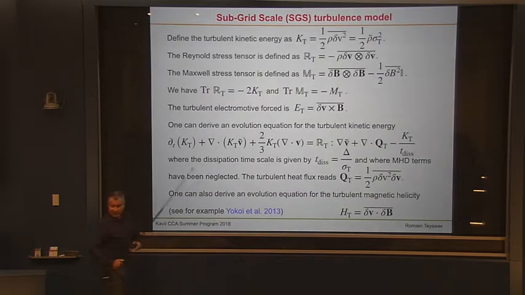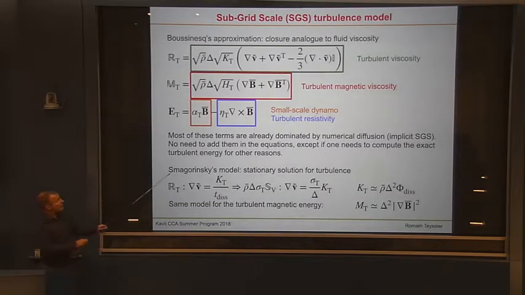And so Smagorinsky proposed a model where you solve this equation assuming a stationary limit where you have balance between the source of turbulence, which is due to this term, and the dissipation of turbulence, which is due to this term. Right? So that's the stationary solution of the kinetic energy equation for turbulence.